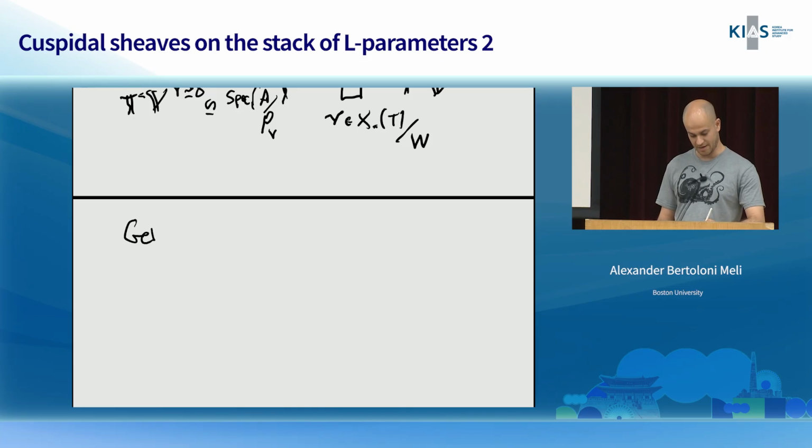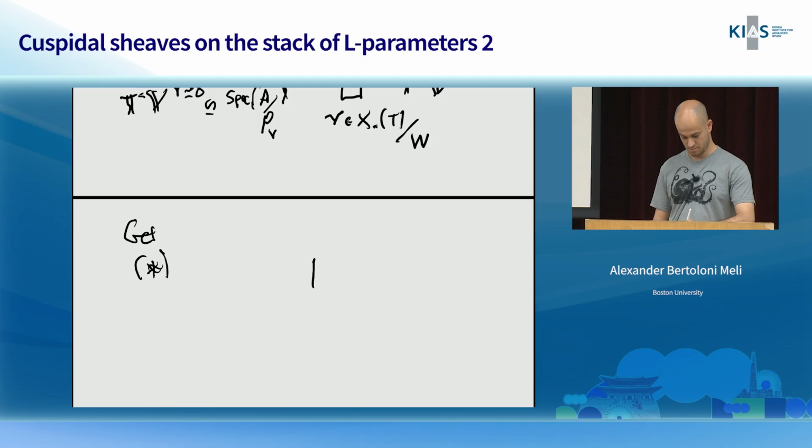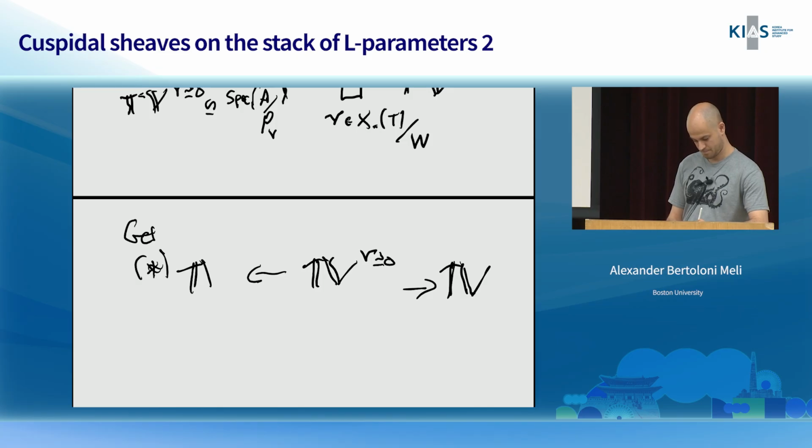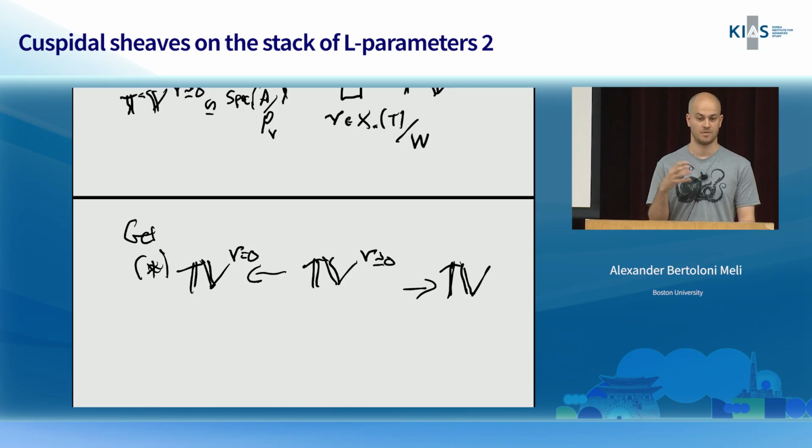So the key diagram that we're going to get is as follows. And hopefully this will start to make Jared happier. So this nu equals 0 is the associated object for when you replace theta with the classifying stack of GM.